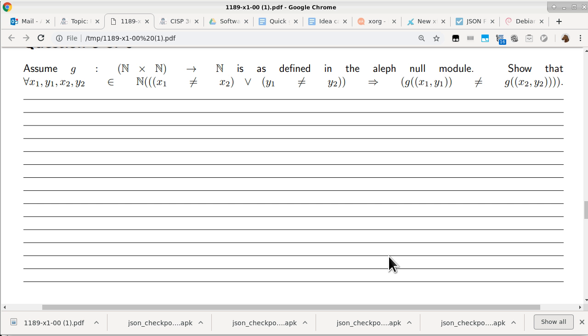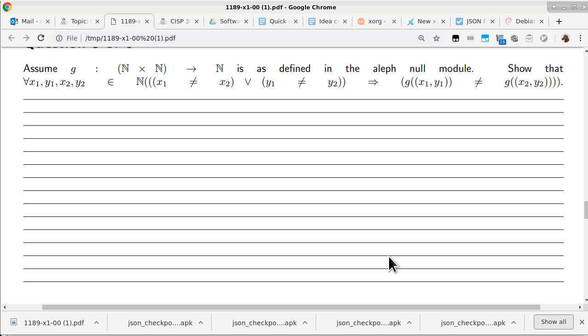What do we know about G? It is bijective. And what is the one thing that we know about bijection? It has to be injective. Very good. What does that mean? It means two different elements of the domain have to map to two unique values in the codomain, right?